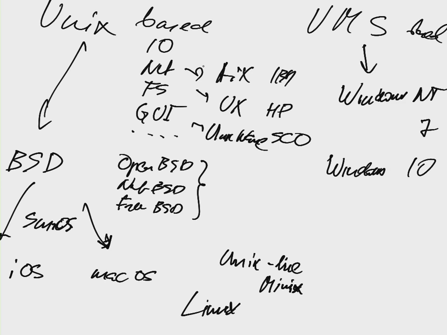It is not a direct descendant, so no source code was taken from this VMS system, but Windows NT was just an operating system like VMS written by Microsoft, so all these influences and design of what was in the VMS system was built into Windows NT, which was then Windows 7, Windows Vista and Windows 10. So these are today the most popular systems for users.